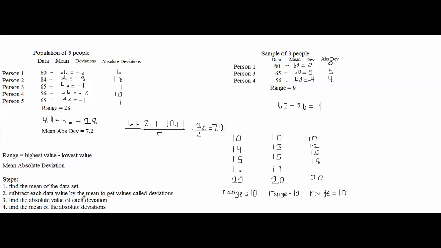So we found the absolute deviations, which was step 3. In step 4, we have to find the mean of the absolute deviations. That just means we have to find the mean of these three numbers. To get the mean of these three numbers, we just add the three numbers and divide the total by 3.